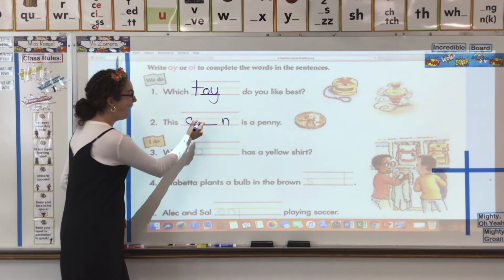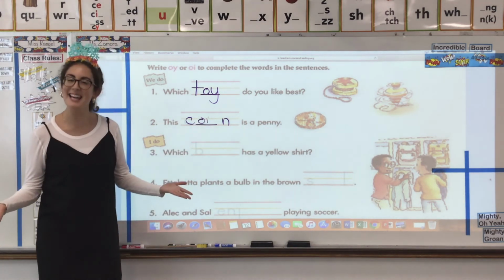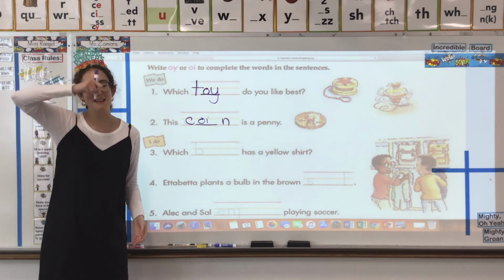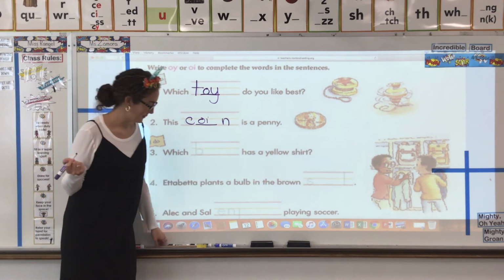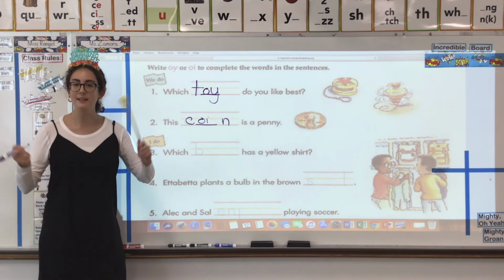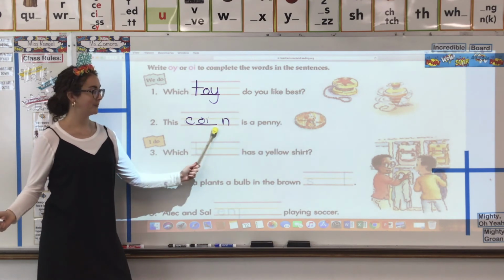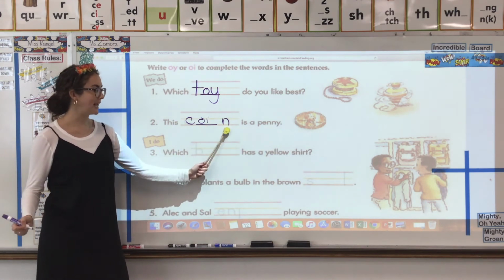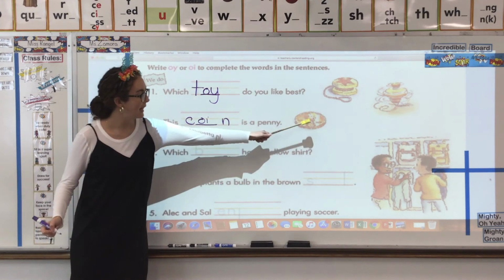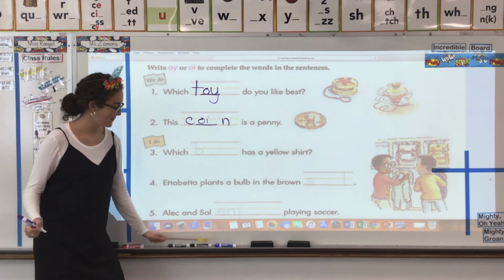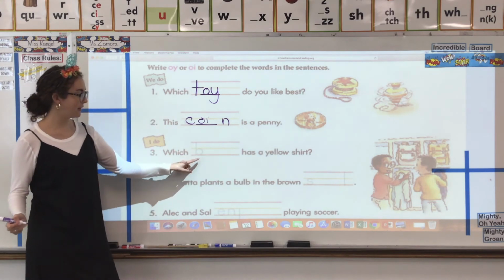With O-I, exactly. O-I in the middle of a word. So as you write that in, can we decode the word? Coin. Good job. Like a penny is a coin. Awesome.